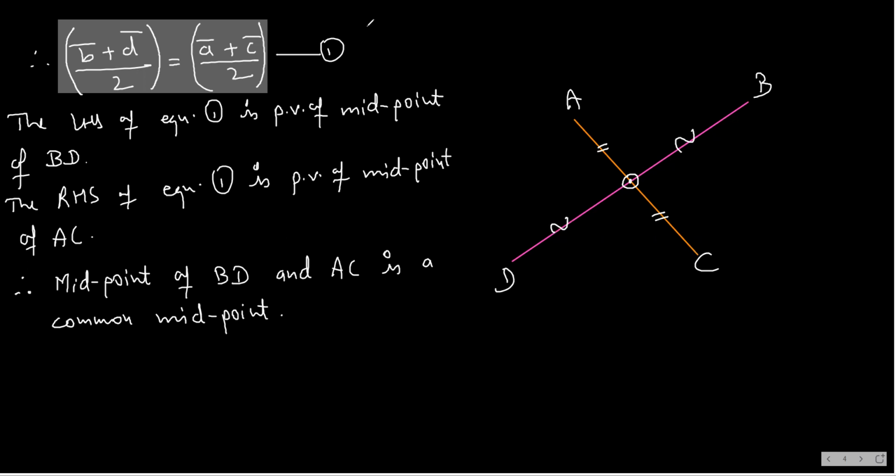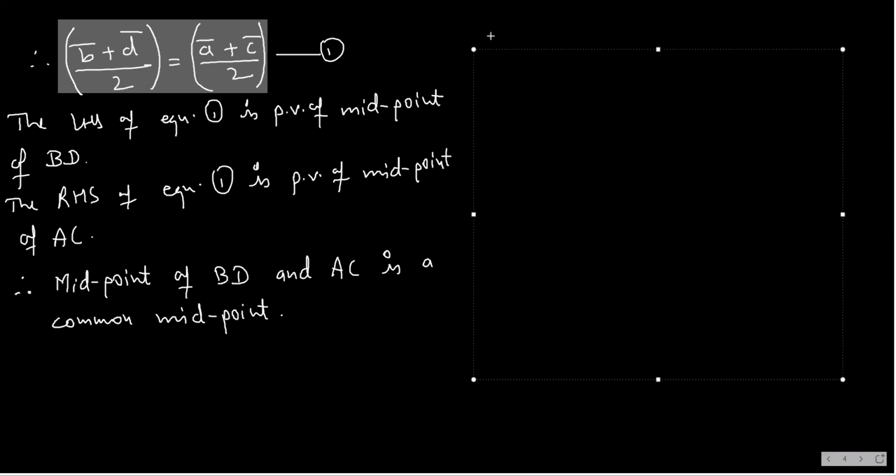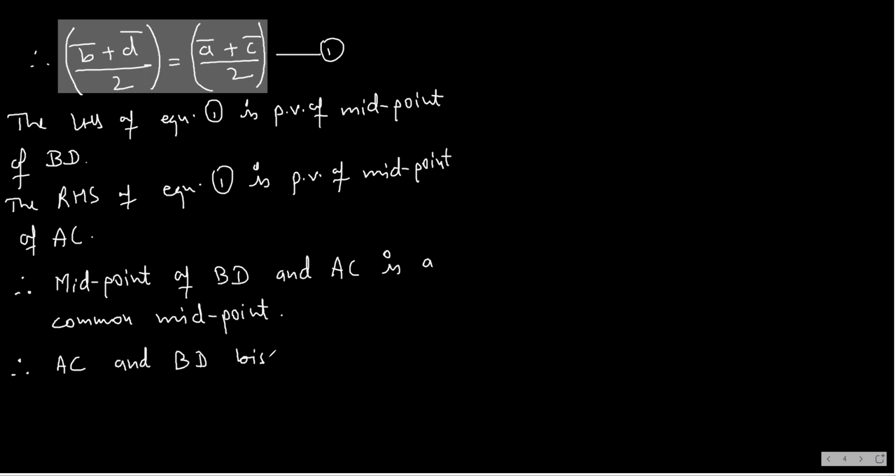So the next statement I will write is therefore AC and BD bisect. I should have written here diagonals AC and BD, so I'll do that correction.